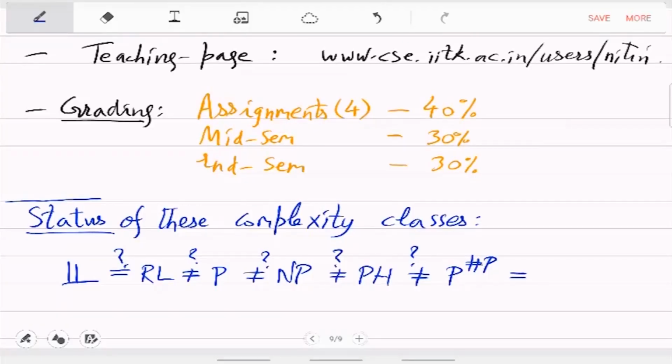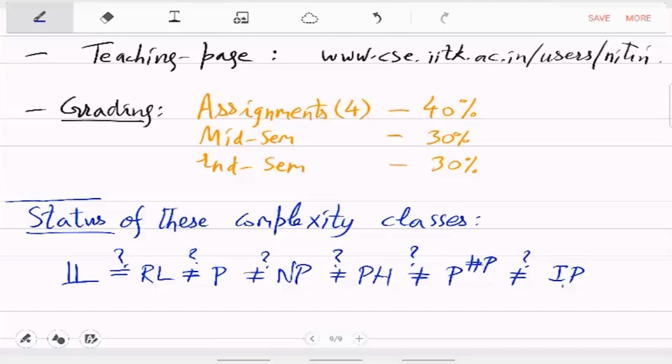And we expect this to be different from IP, interactive protocols, but it is certainly contained in IP, but we don't know whether they are different. We'll show that, for a change, P space and interactive protocols are the same.